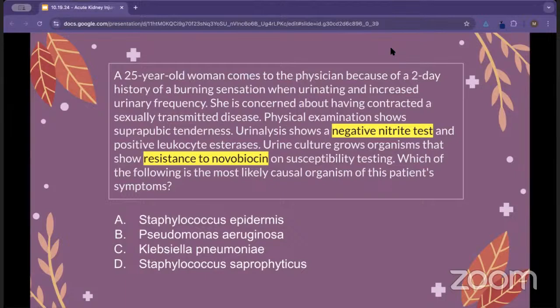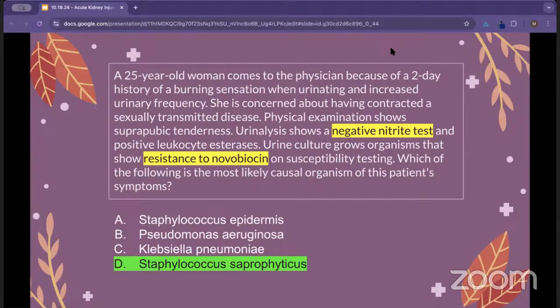So she also had a negative urinary nitrite test, and that indicates basically a microorganism or a bacteria with a pathogen that doesn't produce nitrate reductase. And the one that doesn't do that would be D, Staphylococcus saprophyticus. It can be A because that's a gram-positive coagulase negative organism.